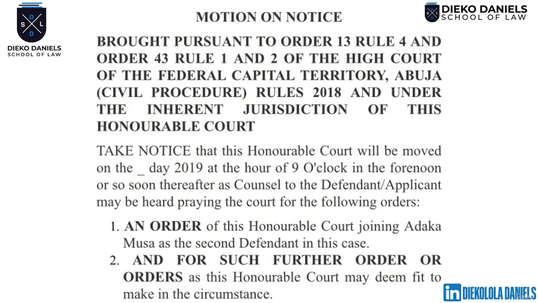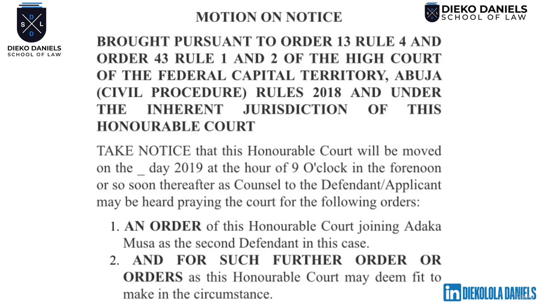That is what they want to see in your bar finals. 3 things they want to see. Number 1 is the order that gives you the permission under which you are bringing these particular applications. You know, under the rules of court, there are so many applications that you can bring, but this particular one, there is an order that says I can bring it. What is that order? It is Order 13, Rule 4 that says I can bring an application.